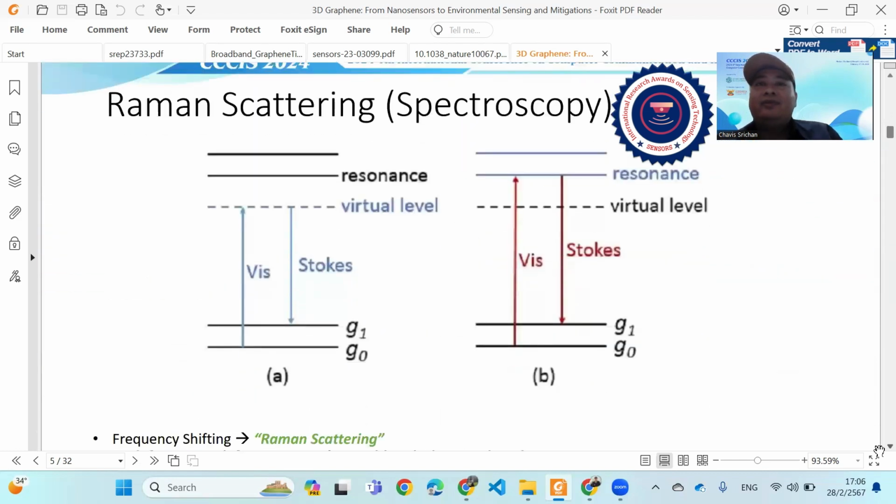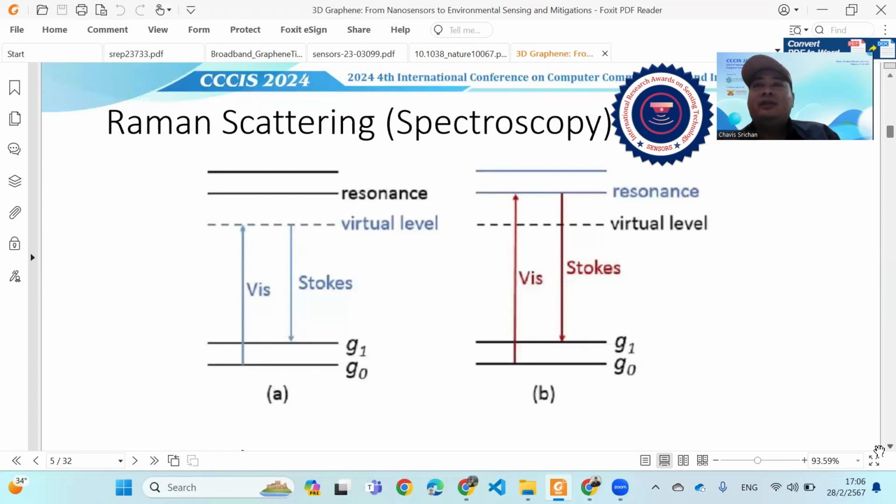Now before we discuss the application, one application of this 3D graphene will be the sensor that I mentioned before. We use Raman spectroscopy to identify molecules, right?